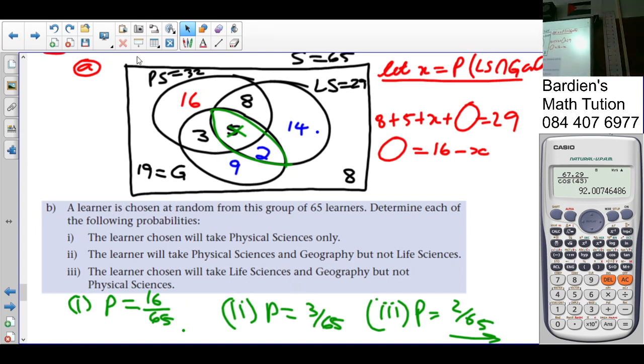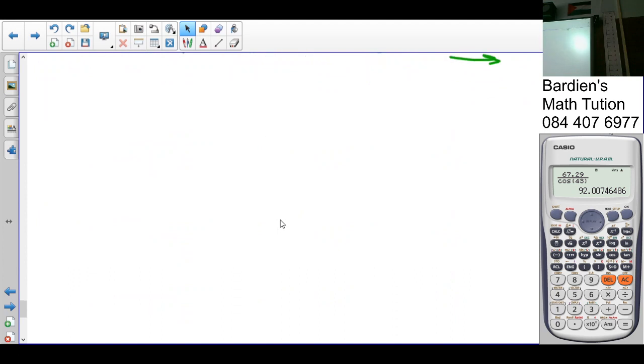No. So now let's look at question 5 out of that exercise. For this one, I'll go a bit faster. I know some of you don't like the slow pace. No? Oh my word.